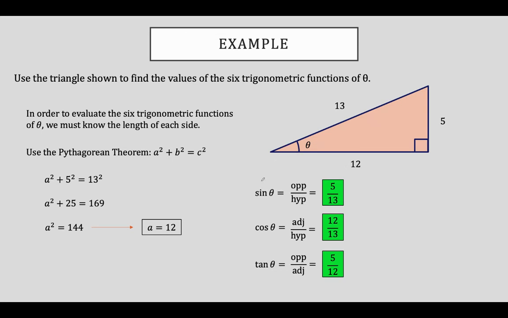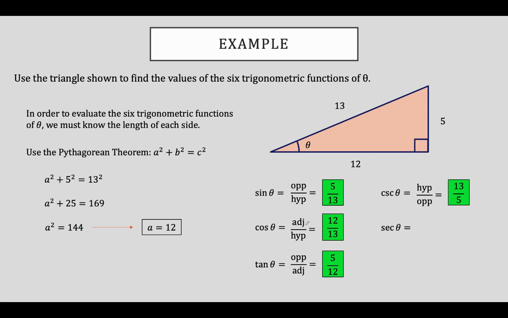Now, let's go to the reciprocal trig function of sine. The reciprocal trig function of sine is cosecant theta. Well, that means we just flip this ratio for sine. Cosecant theta is going to be hypotenuse over opposite, which gives us 13 divided by 5. The reciprocal trig function of cosine is secant.